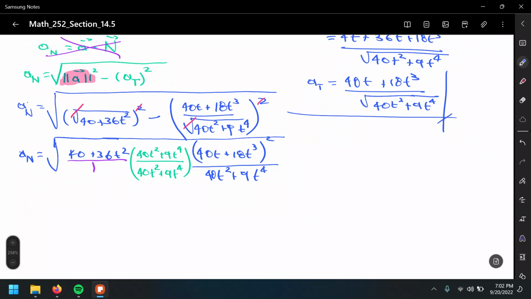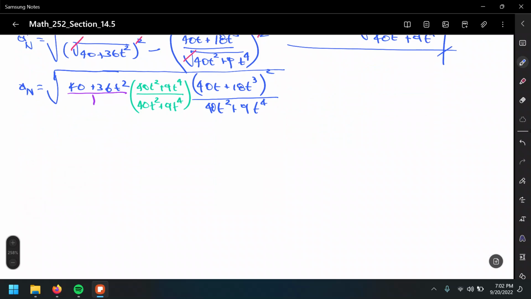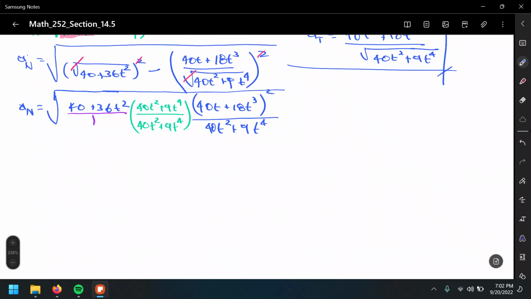So in the numerator, okay, so let's write this as a single fraction. First of all, this will be the square root, and we're going to multiply 40 plus 36 t squared times 40t squared plus 9t to the fourth. Oh my God, I'm not gonna have enough space.